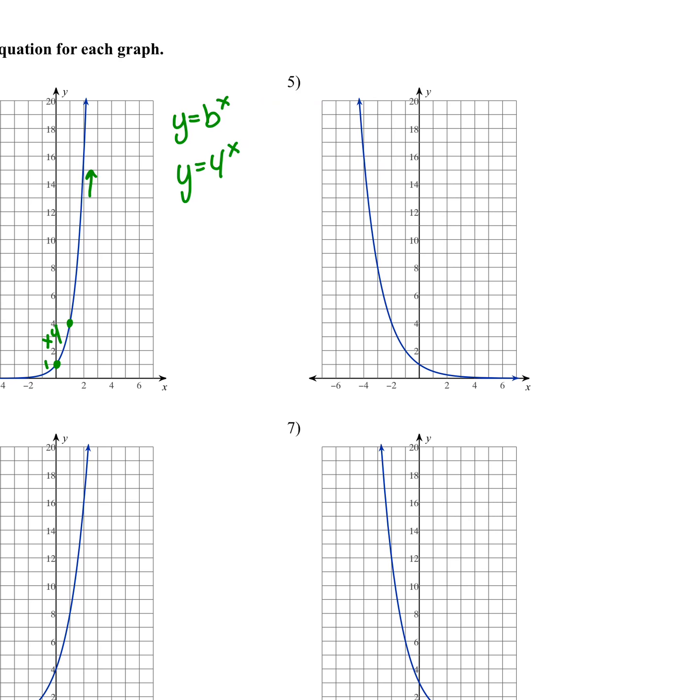On the next graph, I find that y-intercept. It is 1 again, so it will not have to have an a written in there. I simply need to figure out that multiplier. I am decreasing, and I've been reflected across that y-axis. So I have two options here. Either I can make my exponent negative, or I can use the reciprocal of whatever I'm multiplying by. So I look here, and if I'm at 1 and then here I'm at 2, it appears I have a multiplier of 2, and then I'm at 4, that's times 2, so 4 times 2 is 8.